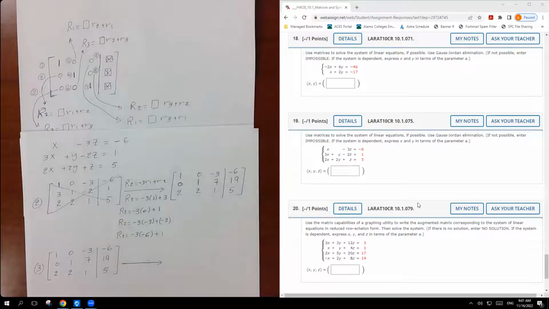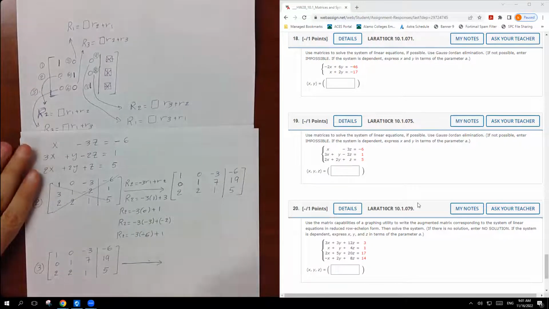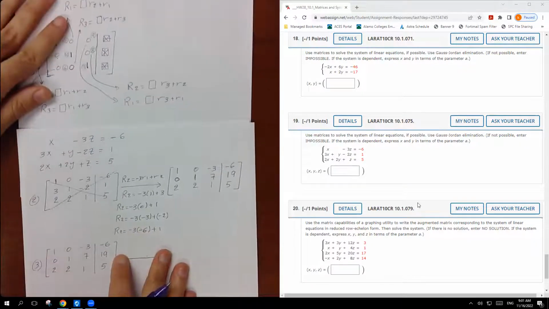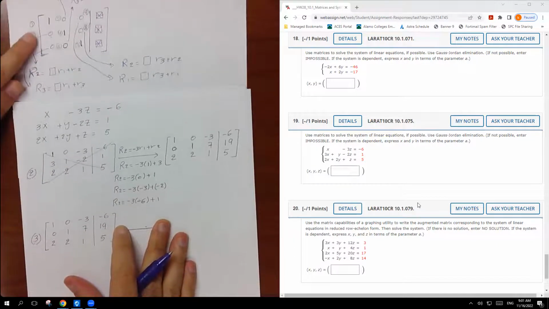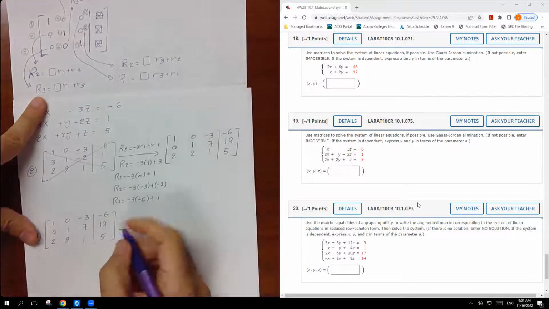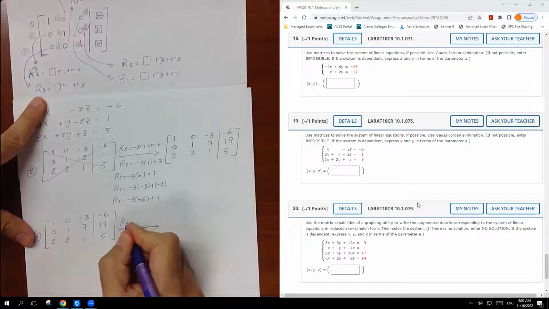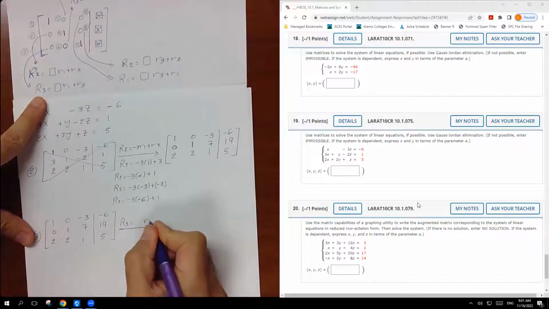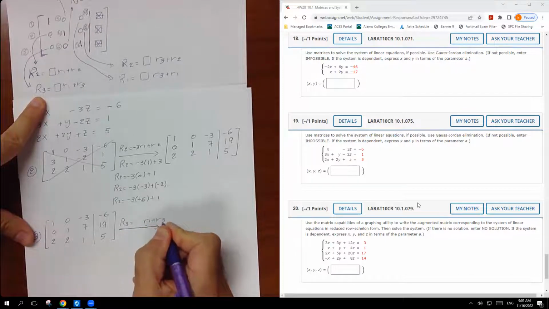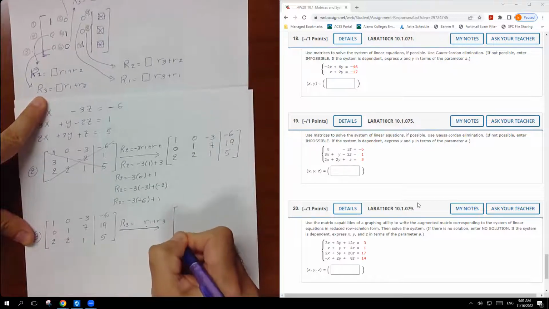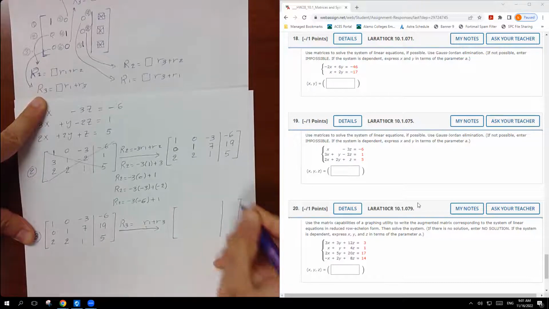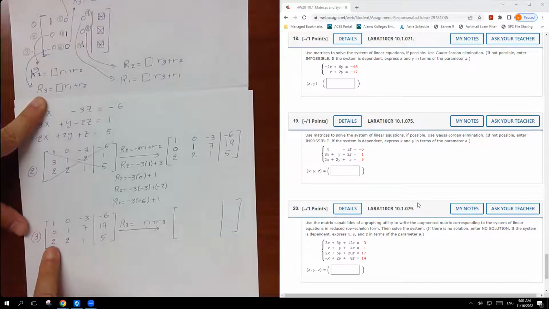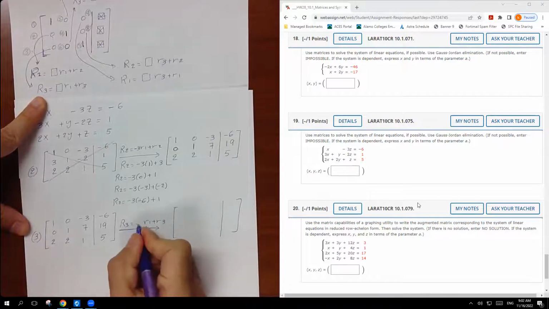So step 3, I'm going to write down the rule. Here is the rule. R3 is going to be R1 plus R3. What's the number on this location? It's 2. I'm going to put -2.